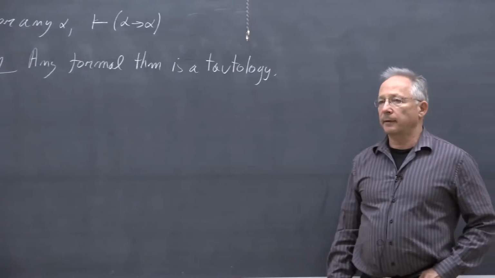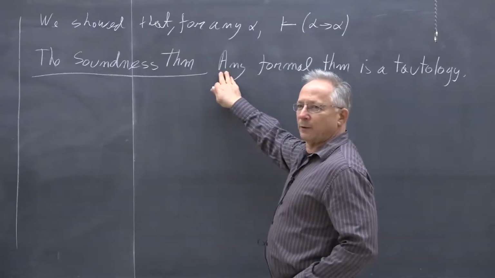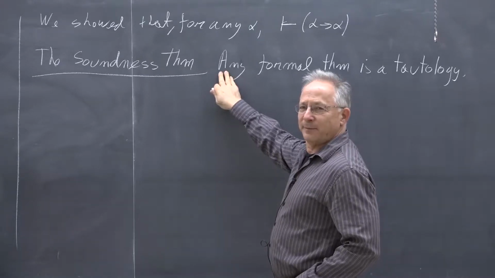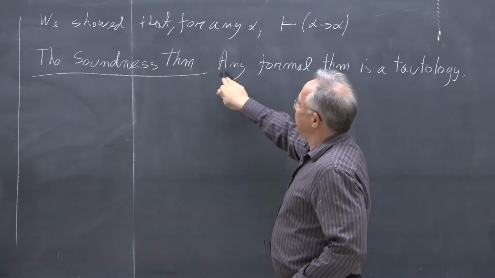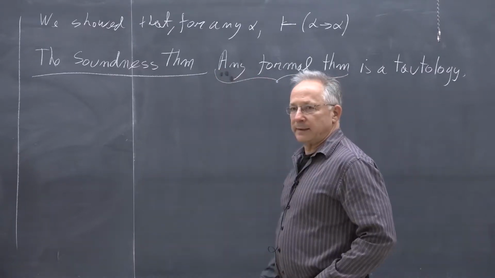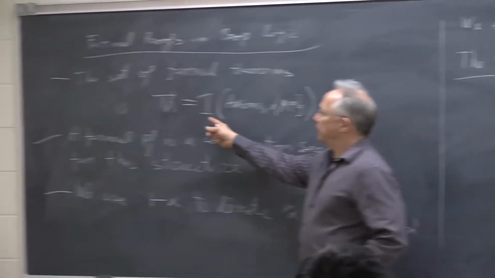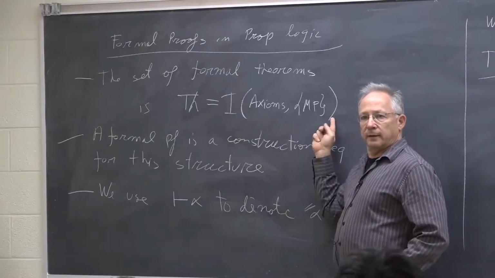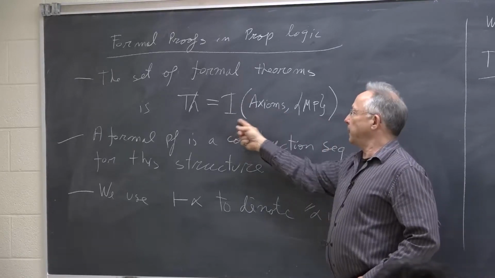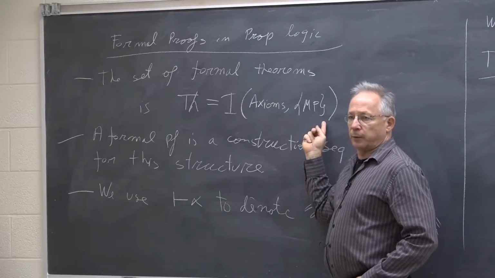Okay? I don't know, does it make a difference if I write any or every? It doesn't, right? Okay. But if I have a statement saying every formal theorem is something, and formal theorems were defined as an inductive set, then the natural way to prove something for each of them is by induction on this structure. And that's what we did.